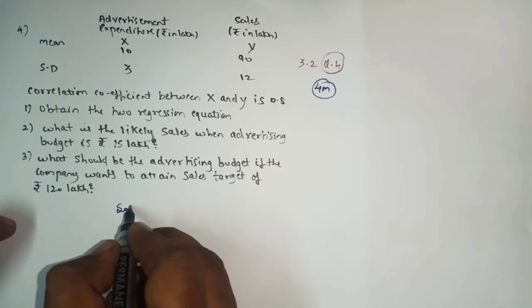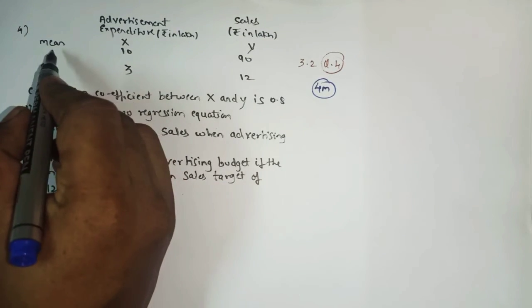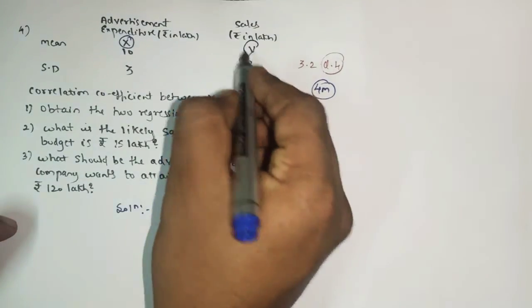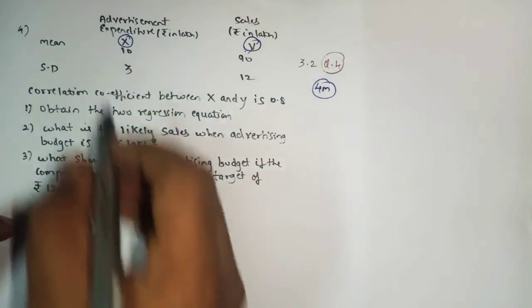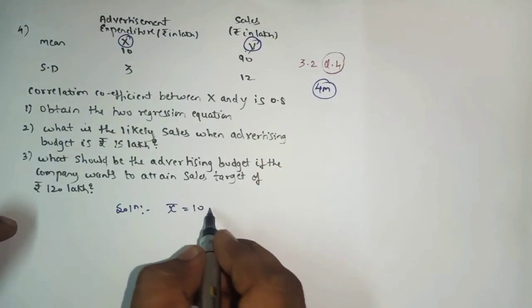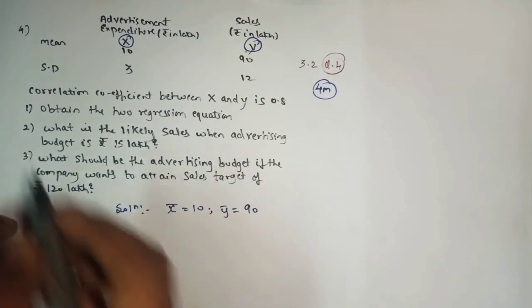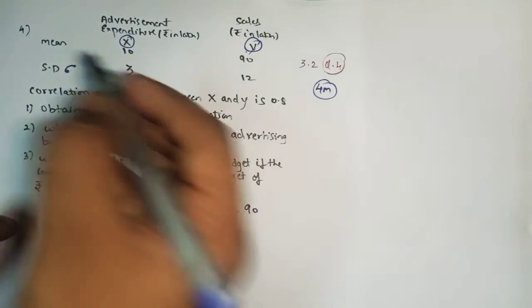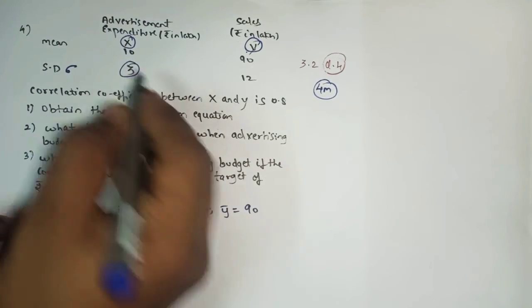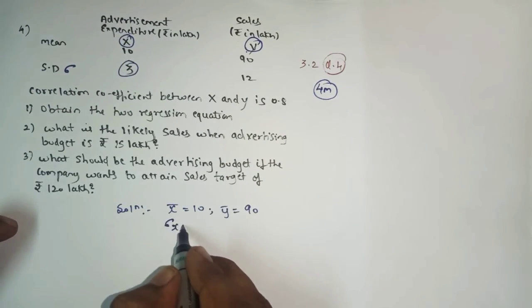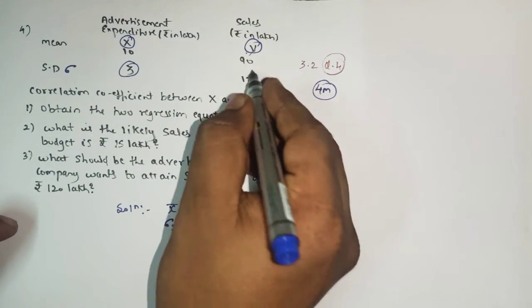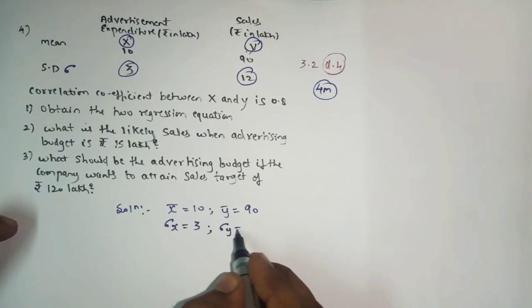So here in the solution part, we can see that x mean and y mean are there. So x mean is what? 10, and y mean is what? 90. Standard deviation means this symbol. So standard deviation of x will be what? 3, and standard deviation of y will be what? 12.